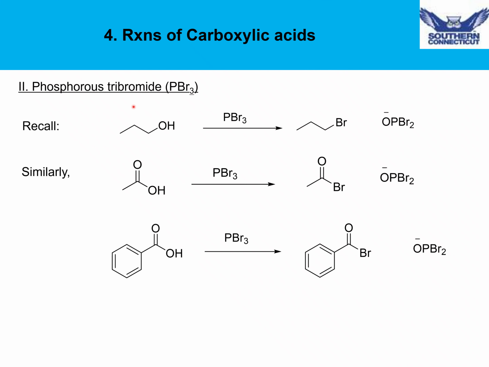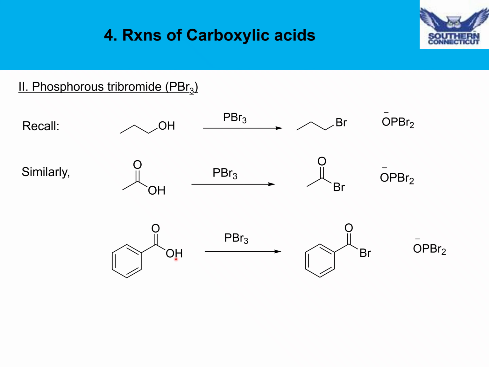Earlier this semester, we talked about a reaction that converts alcohols into alkyl bromides. We can use for this transformation a reagent called phosphorus tribromide. Very similarly, we can convert a carboxylic acid into an acid bromide by using phosphorus tribromide.